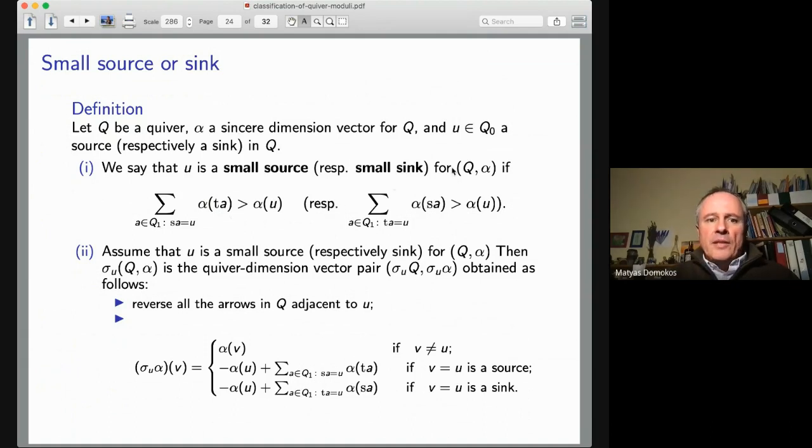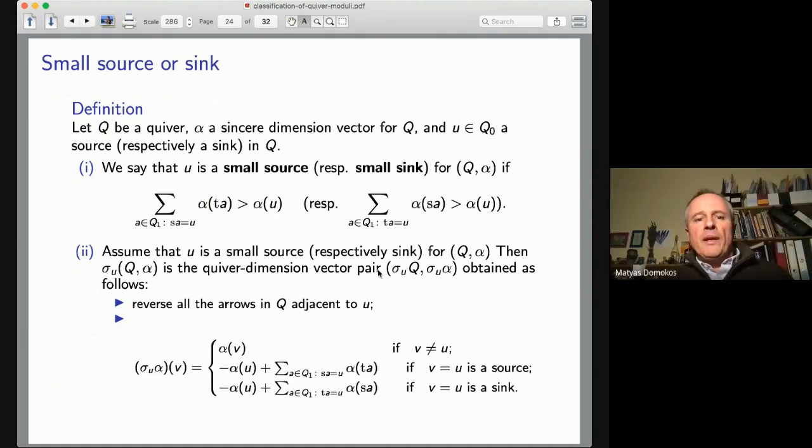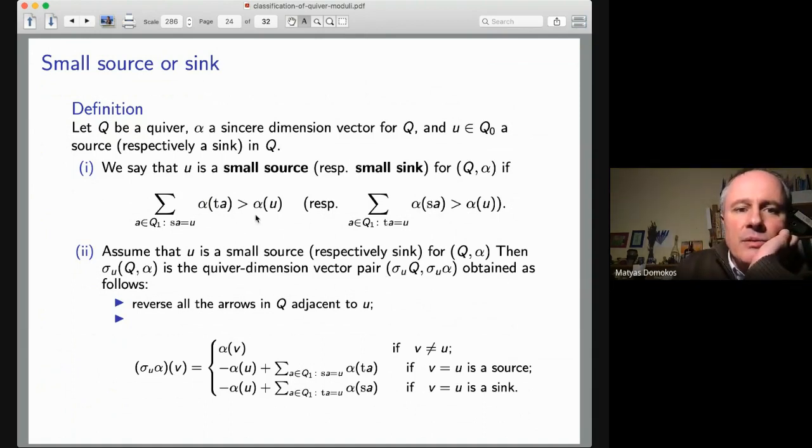And under the assumption that the value of the dimension vector on U is smaller than the sum of the values of the dimension vector on the neighboring vertices, we define sigma U of Q alpha as the pair where in the quiver we reverse all the arrows adjacent to U, and for the dimension vector we perform this transformation.